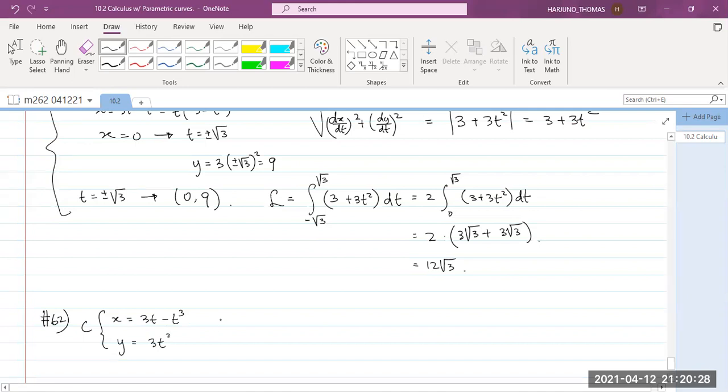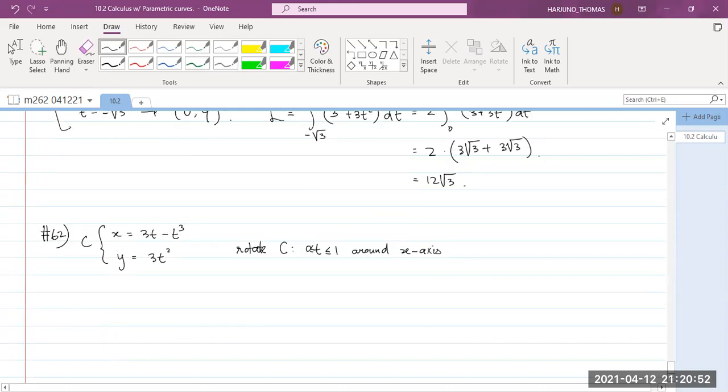Find the exact area of the surface obtained by rotating the curve for t from 0 to 1 around the x-axis. Let's see the idea first. Suppose this is the curve.